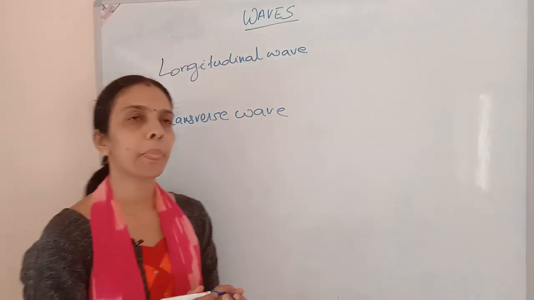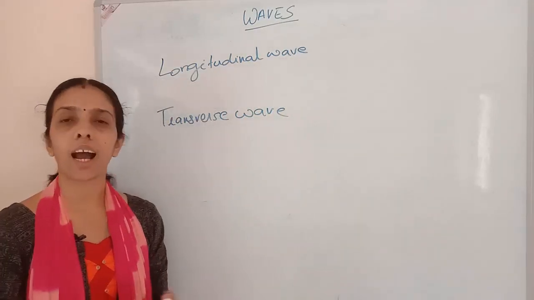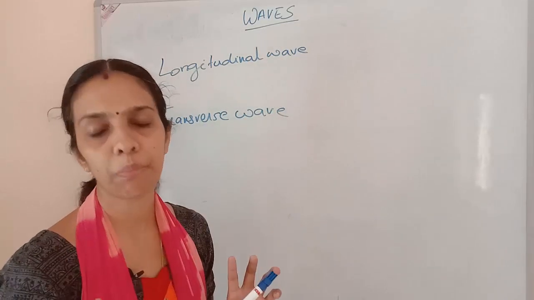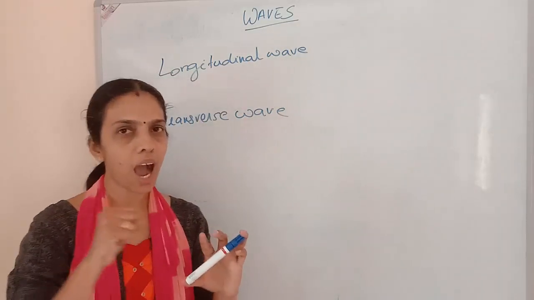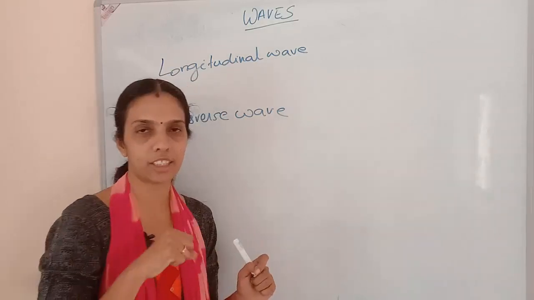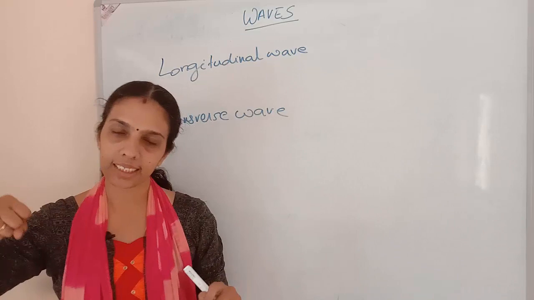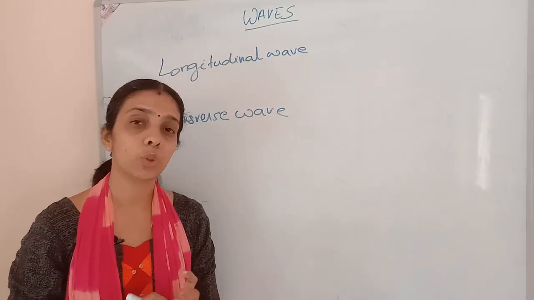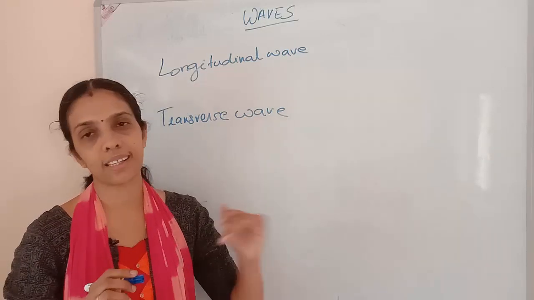See here, first I am taking a cylinder which is having a movable piston. I am compressing it, or I am relaxing it, pulling it out. What will happen to the gas inside the cylinder?